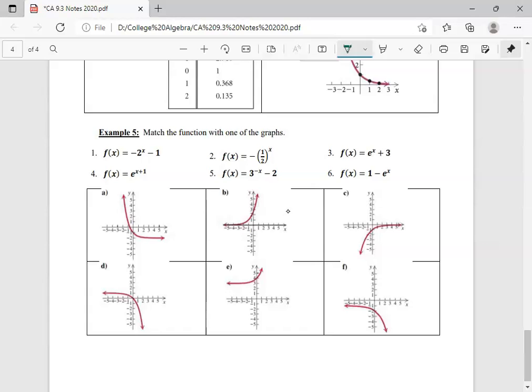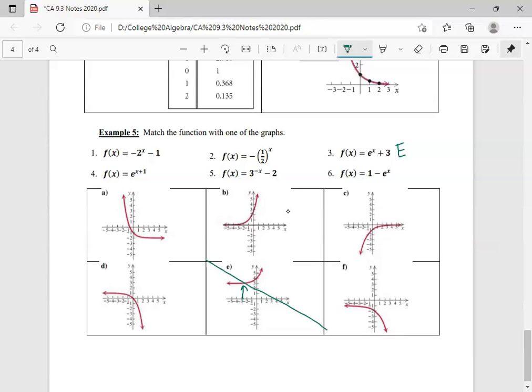It's going to go up 3. You are absolutely correct. So I think that one would go with E, because it looks like exponential growth that has been shifted up 3. So I'm going to say that this is E. I'm just going to mark through this one because I found the answer to that.